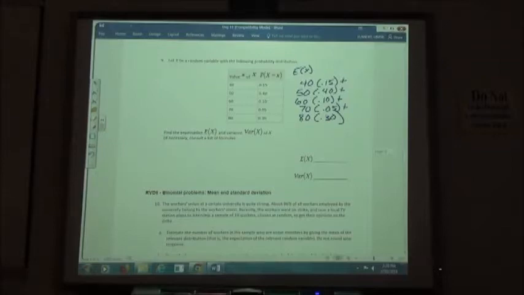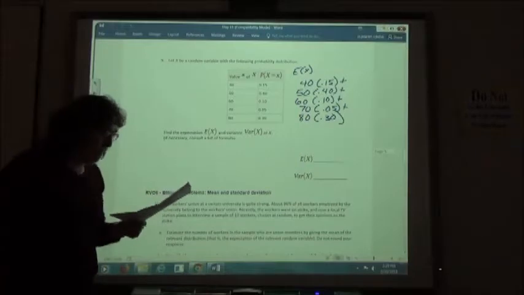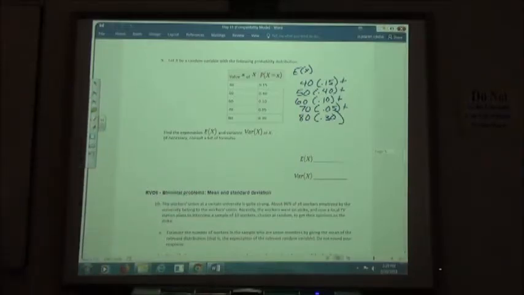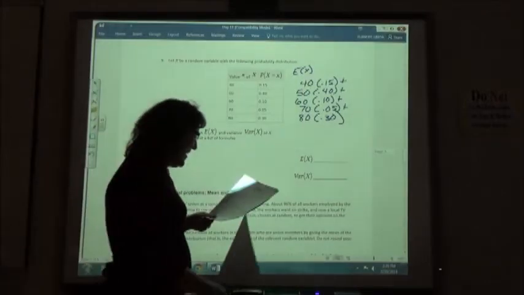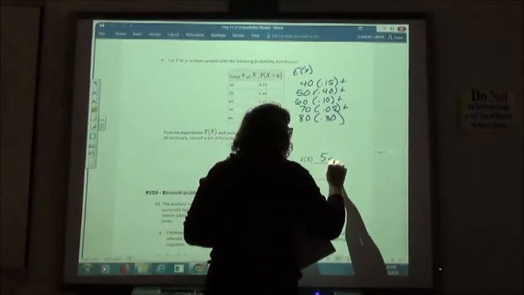Mean is your average. I think that might have been one of your questions on one of your homework things. What are you finding when you're finding the expectation? And you're going to put mean. Is it 59.5? It is 59.5.